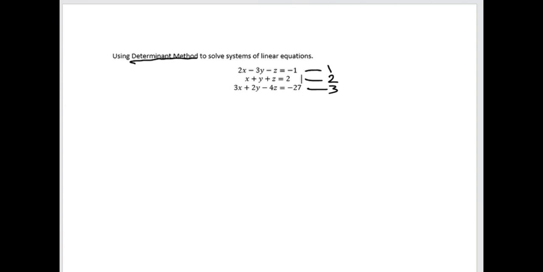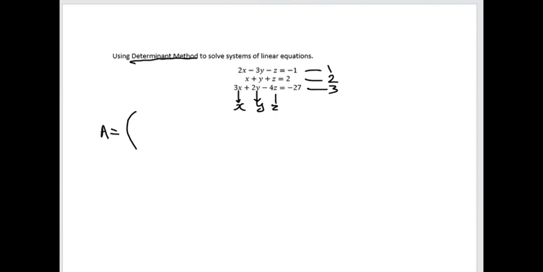And each of these equations has three variables: x, y, and z. So we'll start by deriving our matrix A from that system of linear equations, and this will form a 3 by 3 matrix.